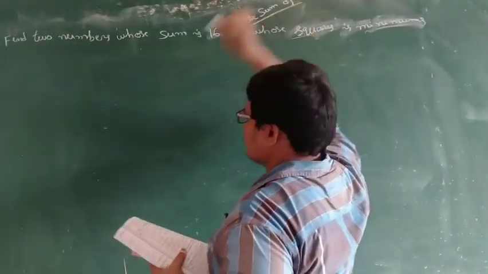Find two numbers whose sum is 16 and the sum of whose squares is minimum.